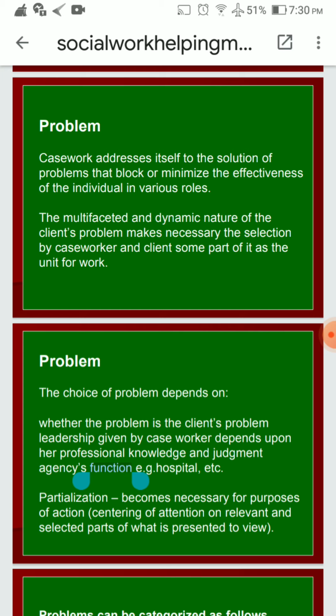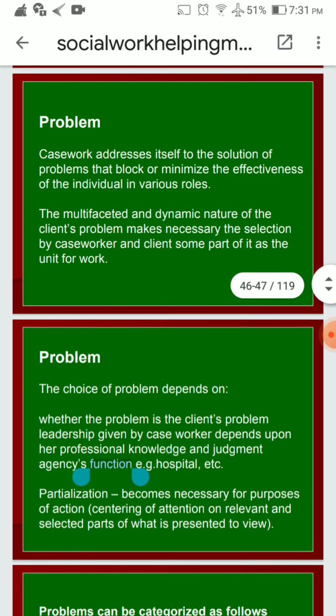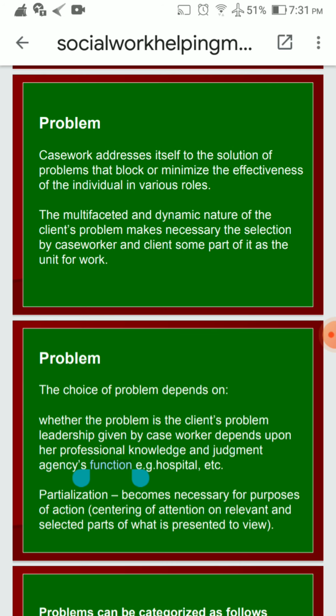As I stated in our presentation last Sunday, the presenting problem is different from the presented problem. The presenting problem is what the client says about their problem. But the presented problem is what is clarified, where we need to check if that kind of problem is really the problem of the client.